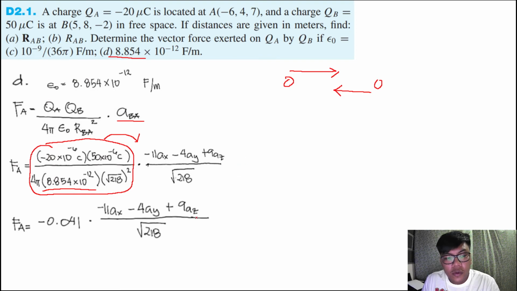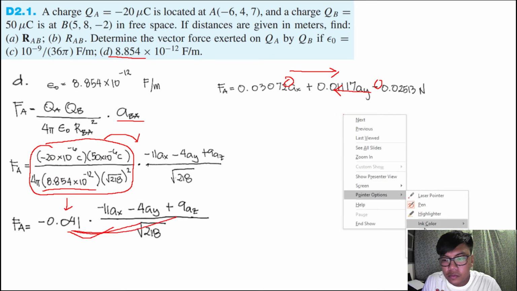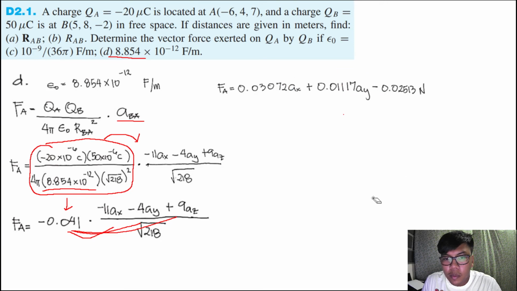Okay? So, we have now F sub A is equal to negative 0.041. Ano yung 0.041 na yan? Galing dito sa magnitude, ano? Ito pa rin yung unit vector mo. So, distribute lang natin. So, we have now ang kinalabasan, konting diferensya, 0.3072 plus 0.01117, kanina 1118, minus 0.02513 Newton.